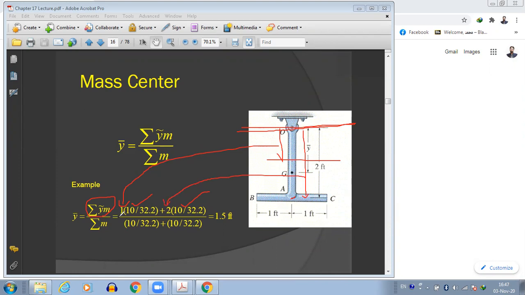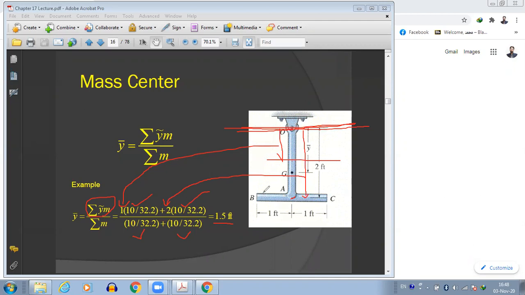Divided by the summation of masses, 10 by 32.2 plus 10 by 32.2. This will give us the y bar for this entire complex object, which will be 1.5 feet. So from the same reference point, the mass center for the whole body is at 1.5 feet.